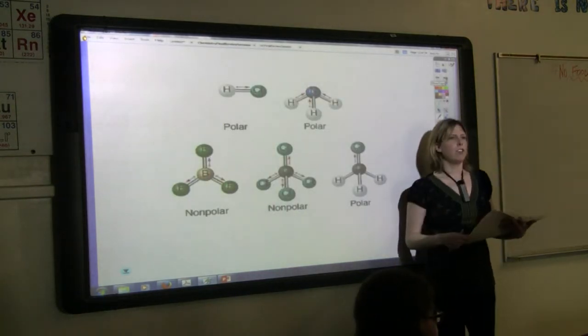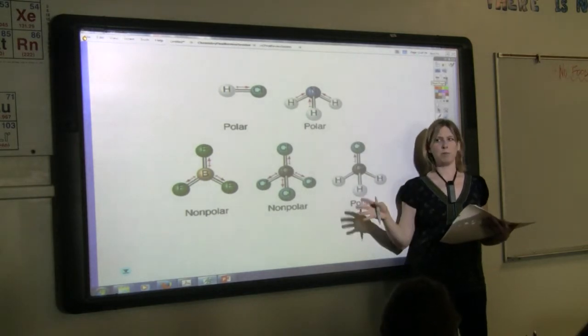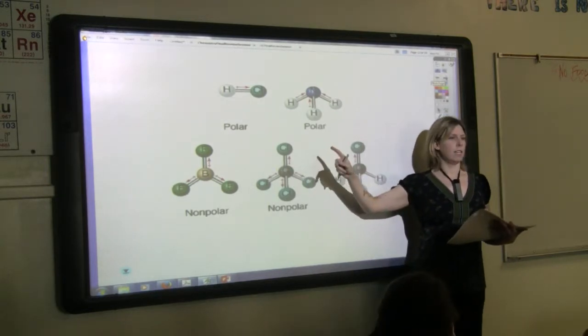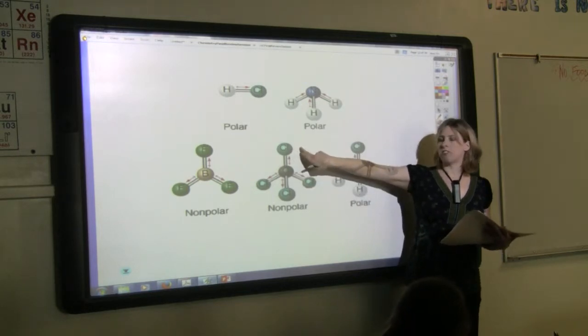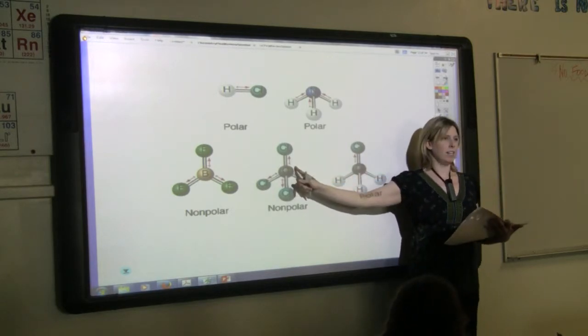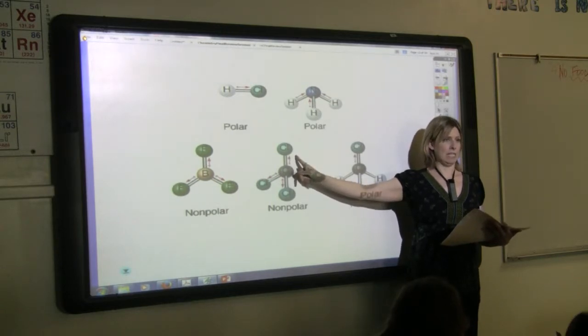Alright, just a refresher on some other molecules and the difference between polar and nonpolar. If you take the electronegativity, you'd write the electronegativity of chlorine, you'd write the electronegativity of carbon, and if the difference was greater than 0.5, it was a polar bond.